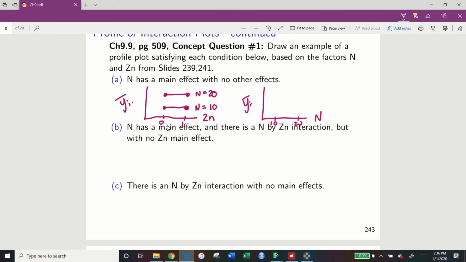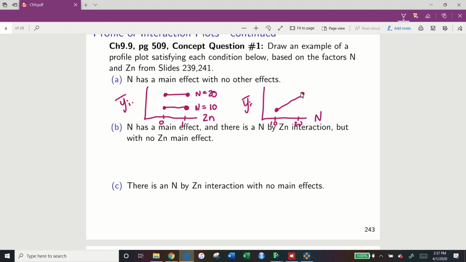For the other case, when we have nitrogen on our x-axis, we're saying that nitrogen had an effect. So when it's at its low level versus its high level, we should see a rise in the weight of strawberries.